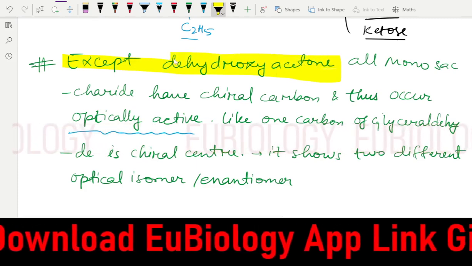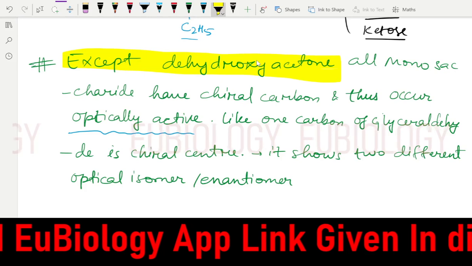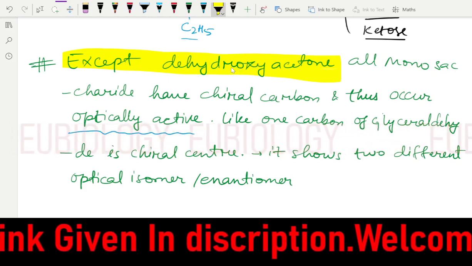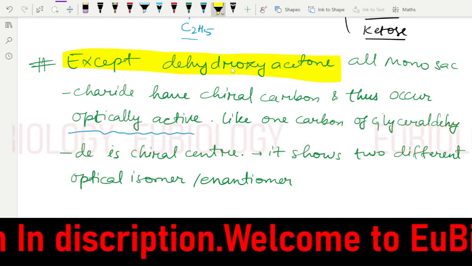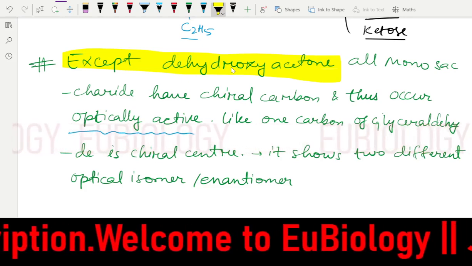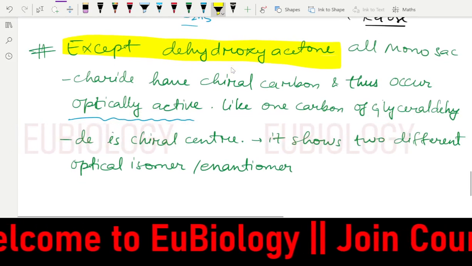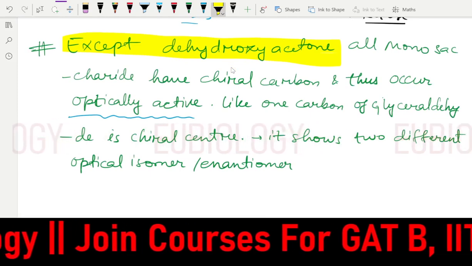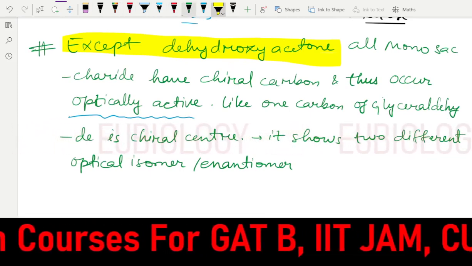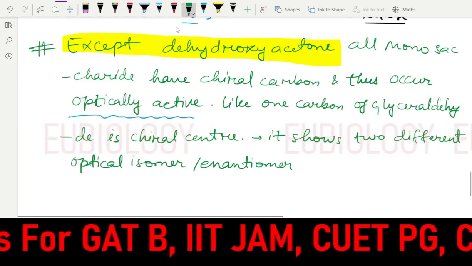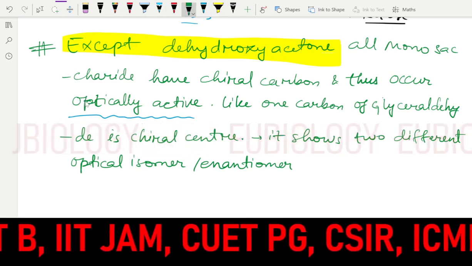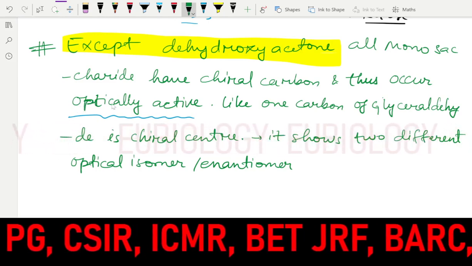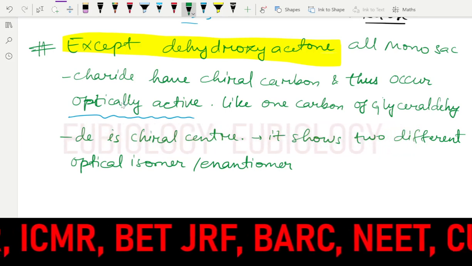So except dihydroxyacetone, all the monosaccharides have a chiral carbon, and that's why they are able to rotate the rays and form optical isomers. If they are able to rotate the polarized light, we can say they are optically active.